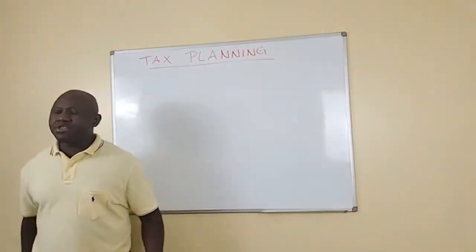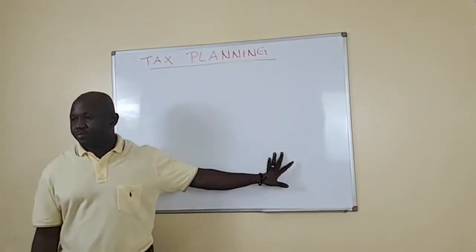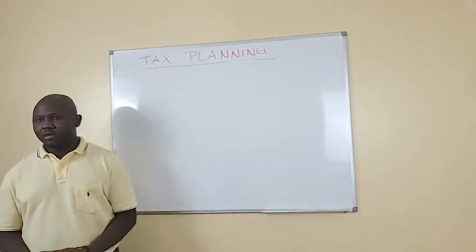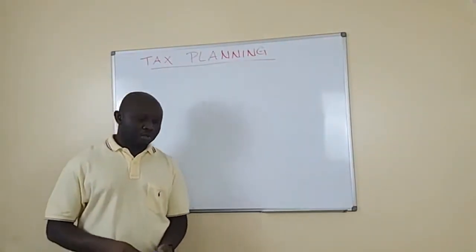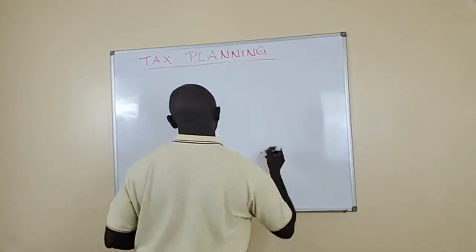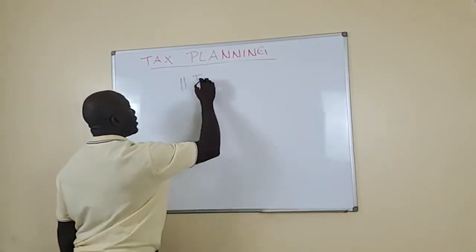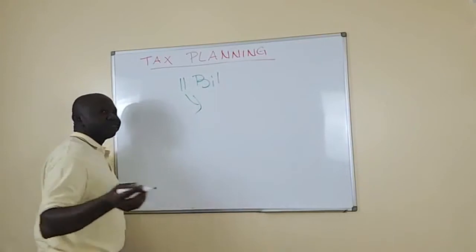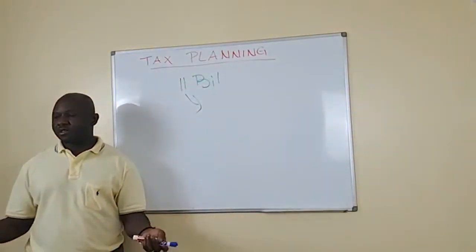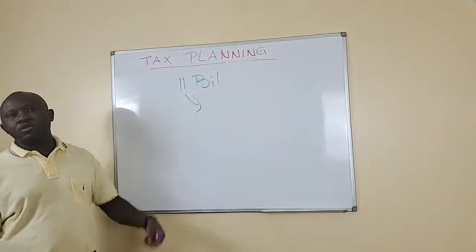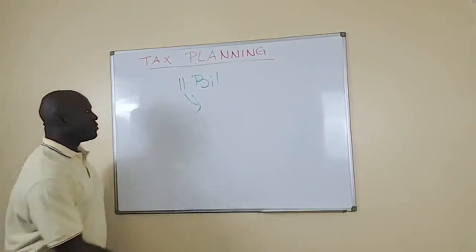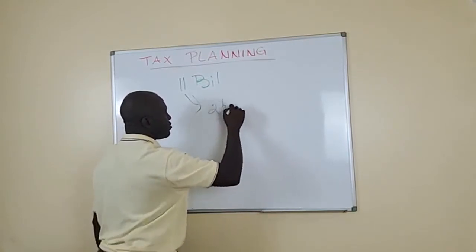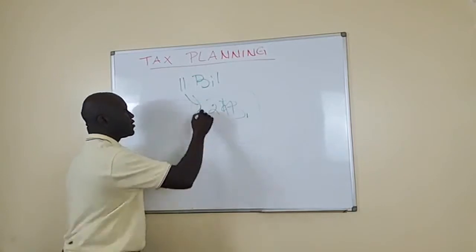Okay, those are just a few deductions that I put on the board. There are so many other credits. Imagine that on 11 billion, when they say you save in taxes, it means you should have paid maybe 2 billion in taxes for this level of income.